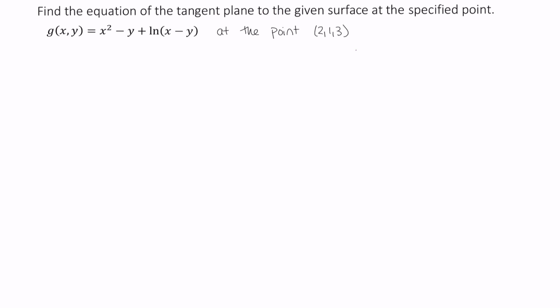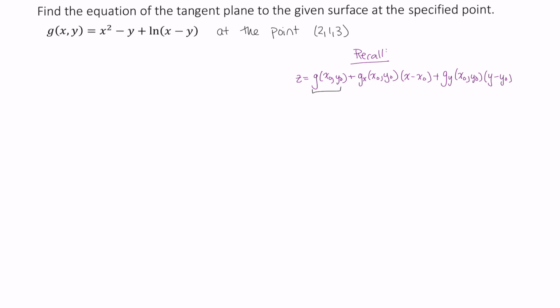Okay, so first recall that the equation for a plane tangent to a surface at a specified point is given by z equals the function, in this case g, evaluated at the x and y value of this point, so the z value here, which we're given in this case is 3, plus the partial derivative of our function of two variables, again evaluated at this point, times x minus the x value of this point, plus the partial derivative with respect to y, evaluated at the same point, times y minus y naught.